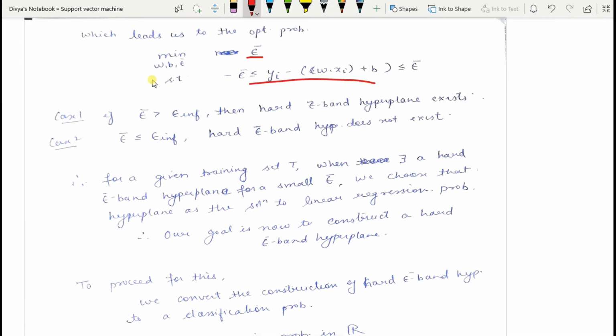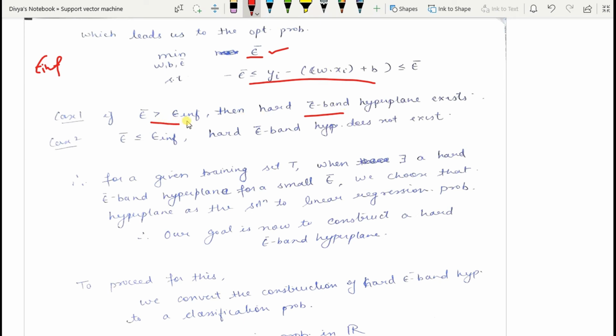We have to minimize this epsilon such that these constraints are satisfied, right? The objective function is minimization of epsilon bar. Suppose the solution to this is the infimum, epsilon infimum.